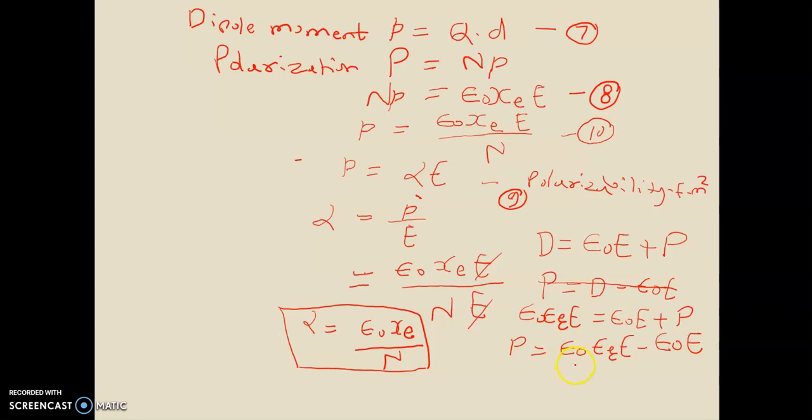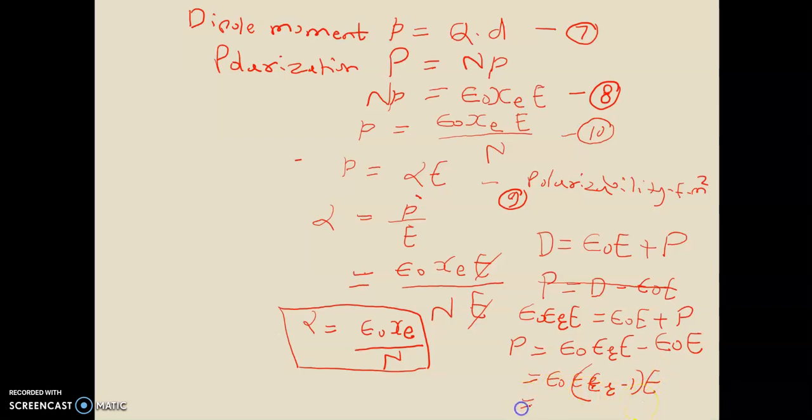Now, what can you take common? Epsilon 0 into E is common, so take it common: epsilon 0 into bracket epsilon r minus 1 into E. Purposefully I am writing it in this way, epsilon 0 here and E there.